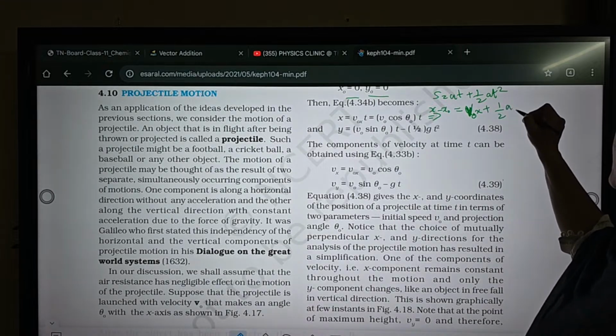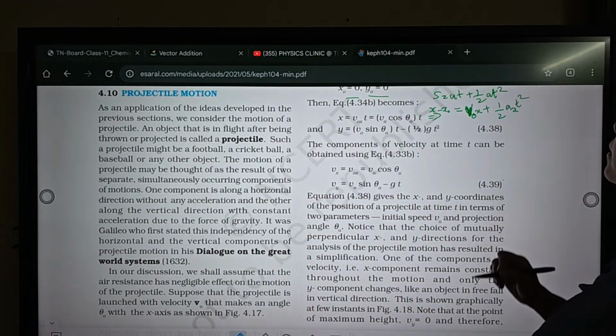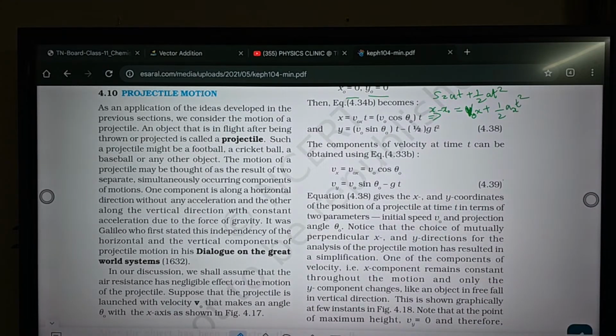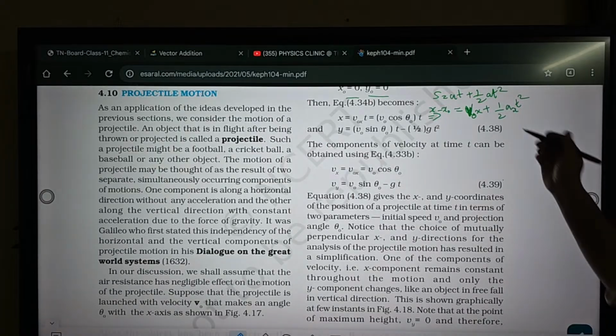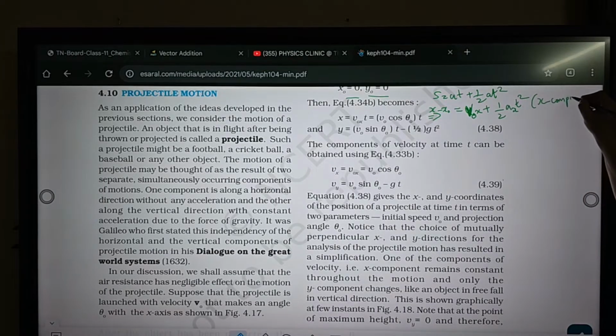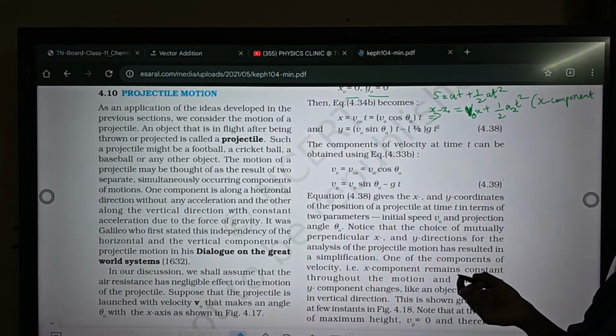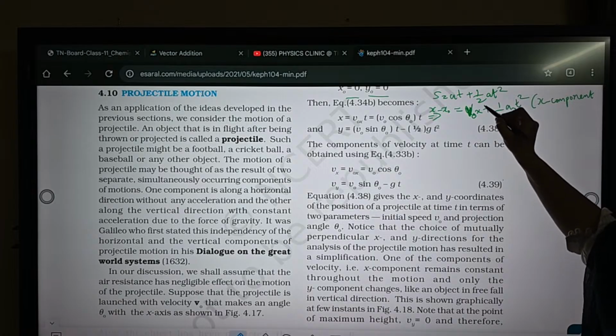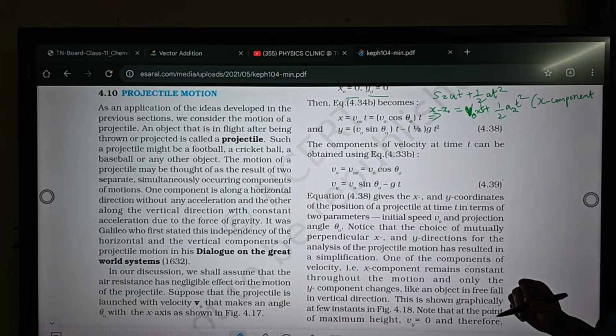This a will be ax, right? Got it? Clear? A will be ax. Here we are writing the x component. In a bracket you can write that it is the x component. Is it clear for you? So V naught x into t is there.